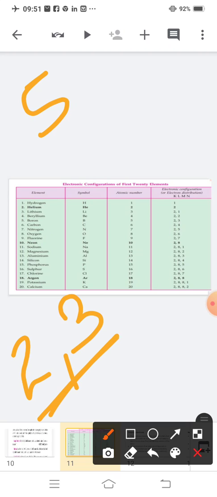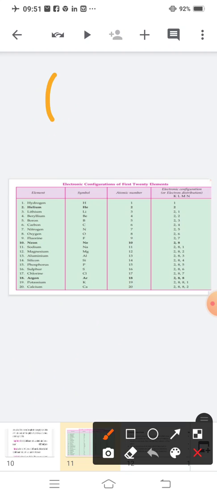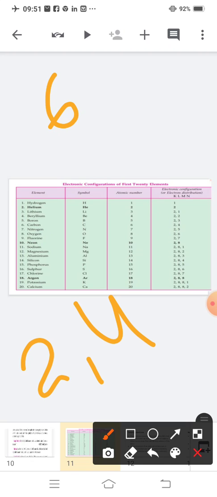So the electronic configuration is 2 and 3. Carbon is 6. In the first shell, how many electrons can you locate? You can locate 2 electrons. So out of 6 you have already located 2 electrons. Now how many are remaining? 4 are remaining. Clear?